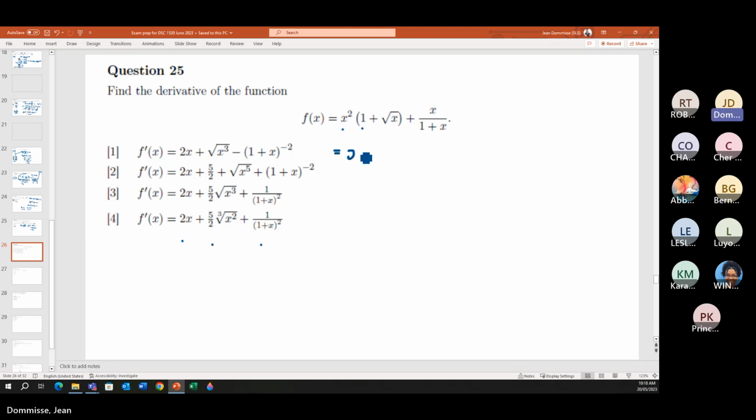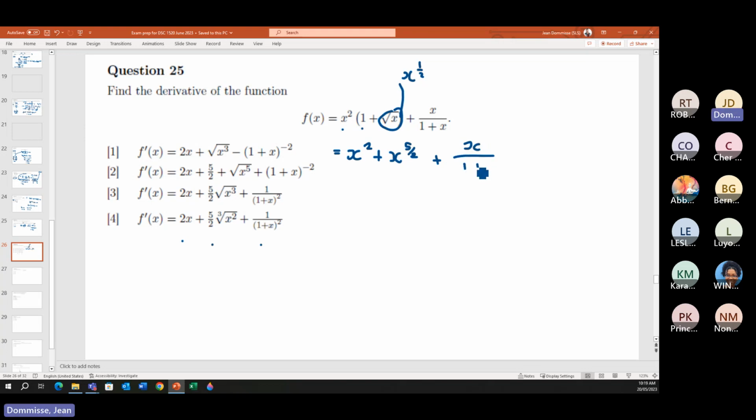So that's x squared. We multiply that in. Remember, that is basically x to the power of half. So if I multiply that in, it is x to the power of 5/2. And then I still have this thing of x/1 plus.